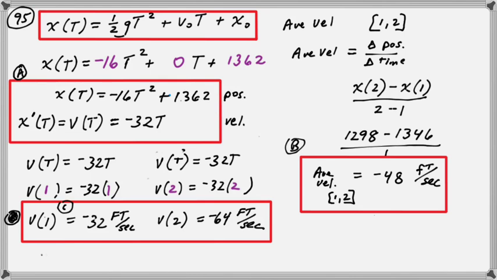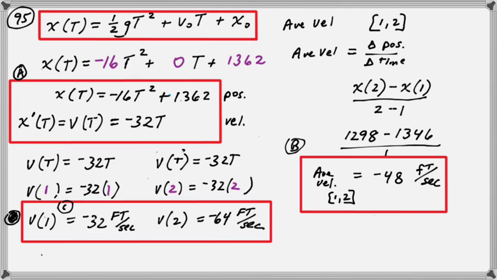Instantaneous is part C. Part D wants to know the time required for the coin to hit the ground and the velocity of the coin upon impact. To do this, I'm going to rewrite my position and velocity function on the next slide.